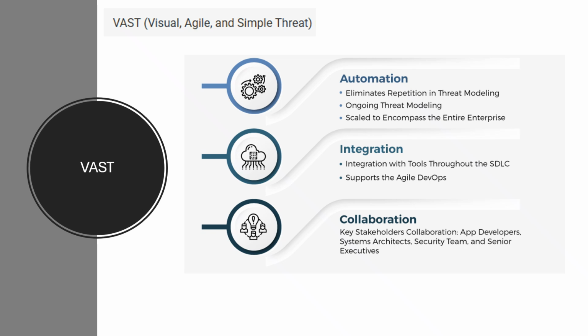VAST uses visual diagrams to map applications, infrastructure, and their interactions, helping teams identify potential threats without heavy documentation overhead. It supports two parallel tracks: application threat models for software components and operational threat models for infrastructure.